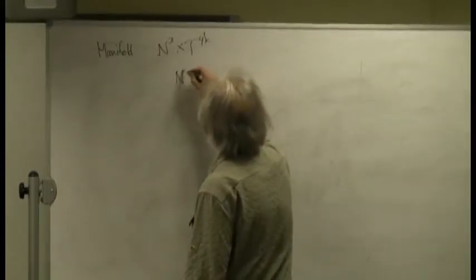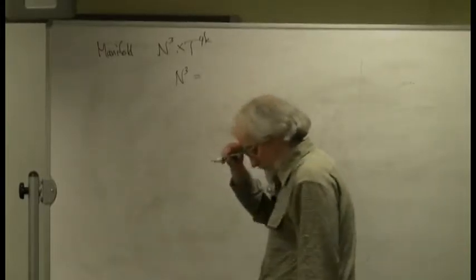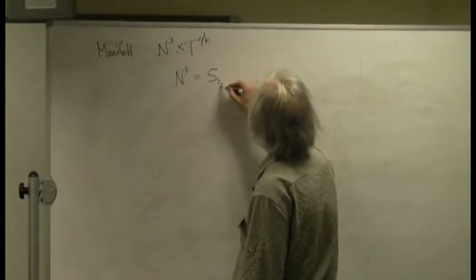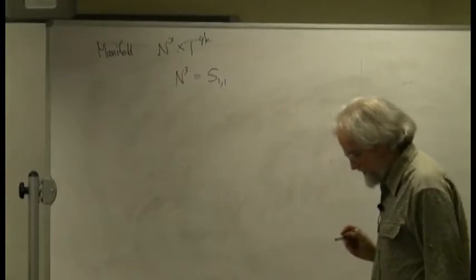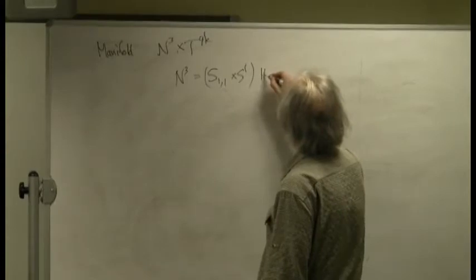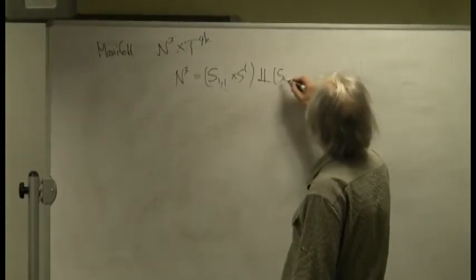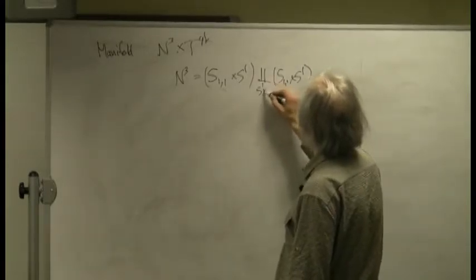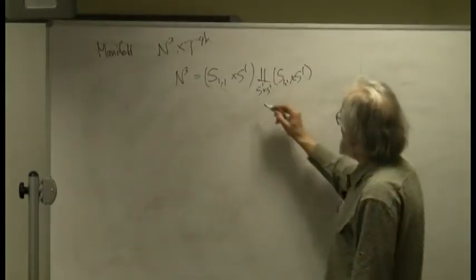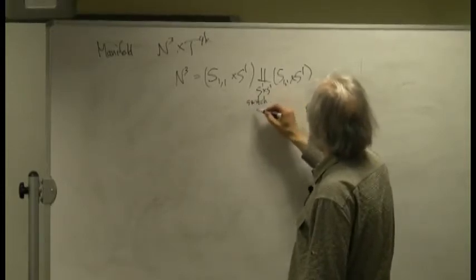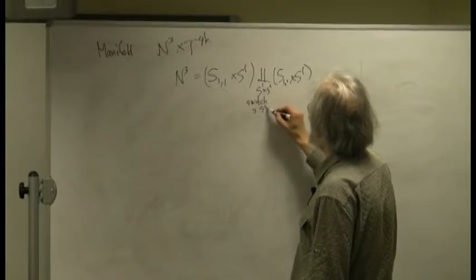So let me tell you what N3 is. These are closed orientable manifolds. N3, well, you take a surface of genus 1 with one boundary component, a punctured torus, crossed with S1, and you take 2 copies of that, and you glue them along their common boundary, which is a torus, but you do it by switching the factors, the 2 S1s.